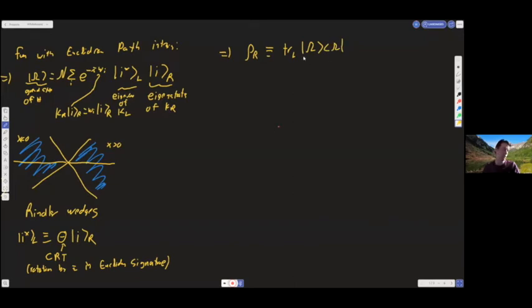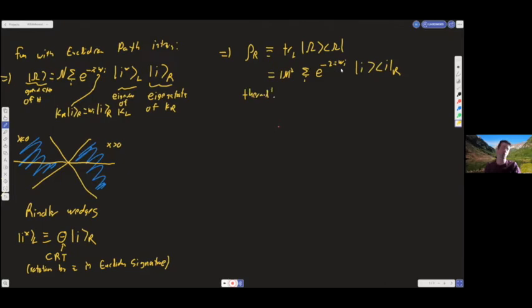So I only care about observations in this right wedge. If you look at this formula, we can do the partial trace in our heads, and what we get is just the square of this normalizing factor times the sum of e to the minus 2 pi omega I. Okay. And this is thermal.